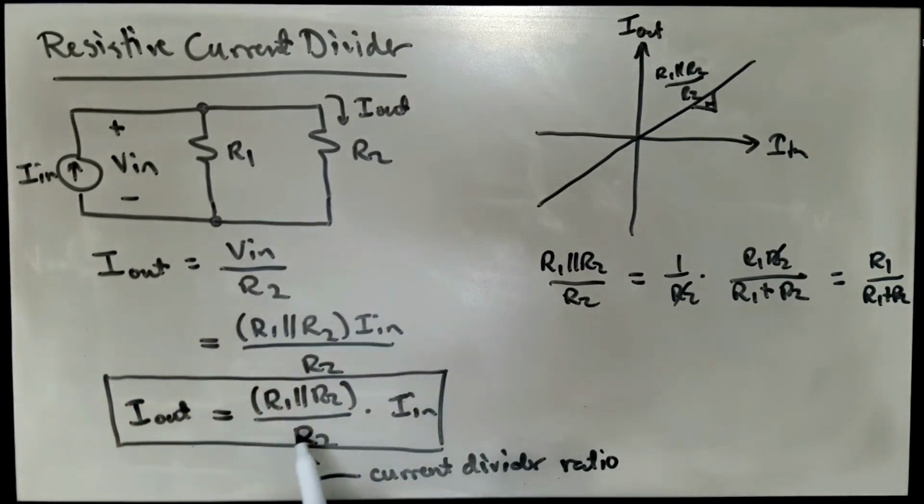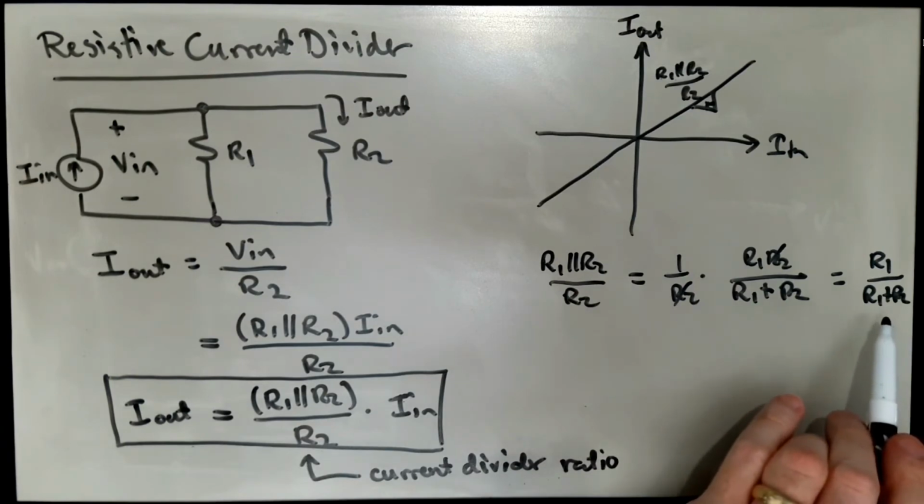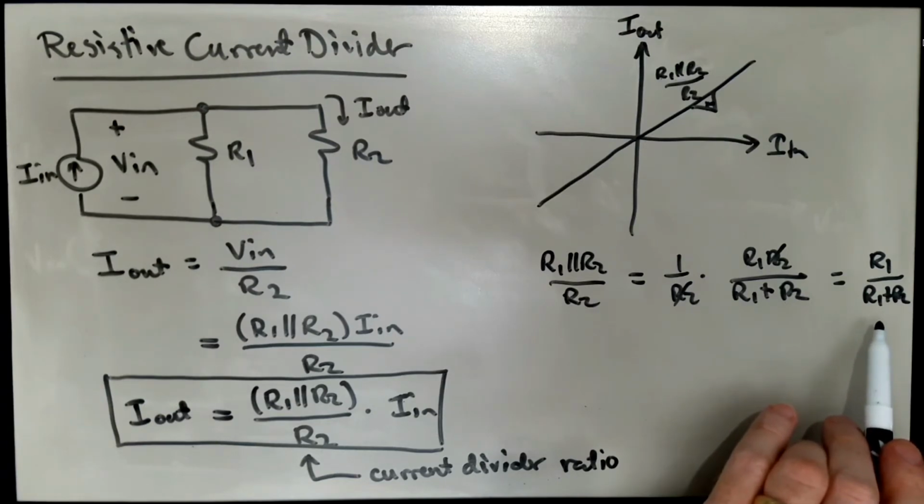Whereas the way that we developed it here, we get the parallel combination of the two branch resistances divided by the resistance of the branch whose current we care about. This form generalizes quite nicely to the n-way case, as we'll see. But people tend to like the first form, I guess because it looks a little bit like the voltage divider, which makes it more familiar.